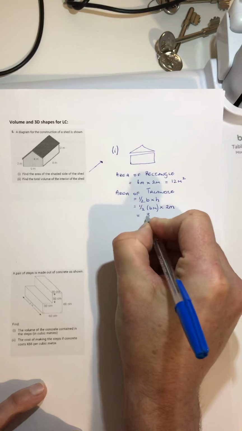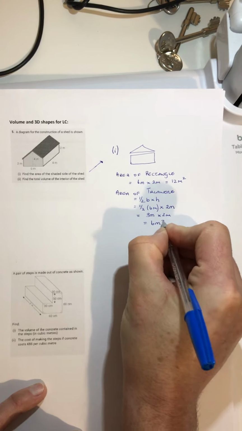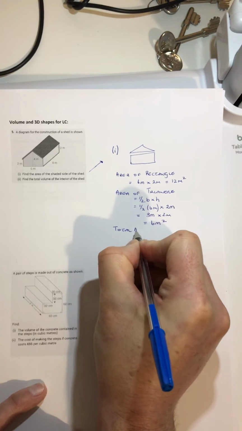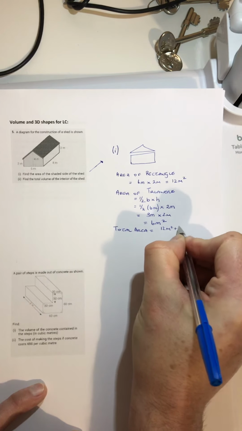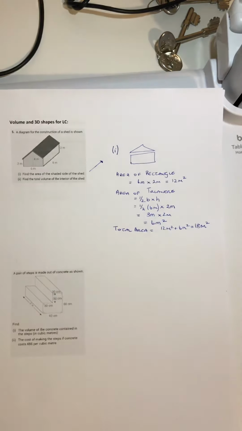A half of 6 is 3 meters by 2 meters, which is 6 meters squared. So the total area will be equal to 12 meters squared plus 6 meters squared, which is 18 meters squared. And that's the total area of the side of the shed.